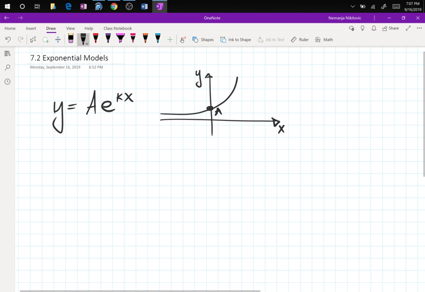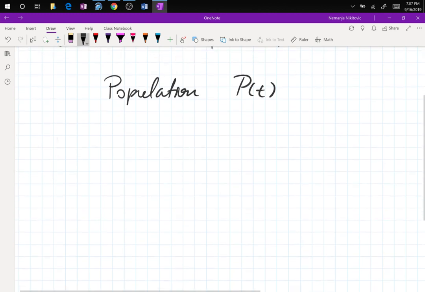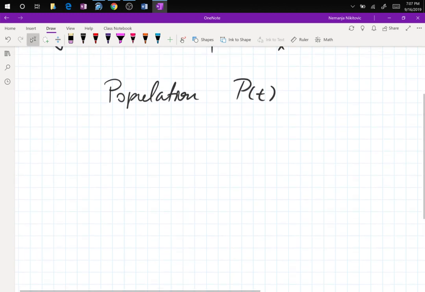I like to start with the population, so we can show that the basic population model we learned in school is terrible. Population P of t. So population P in time t, clearly you have to wait for population to change, whether the population is growing or decaying.